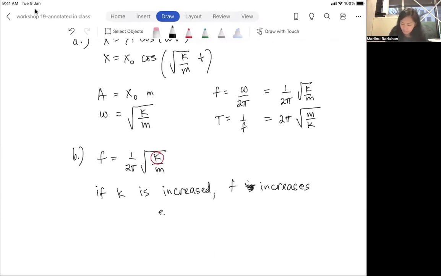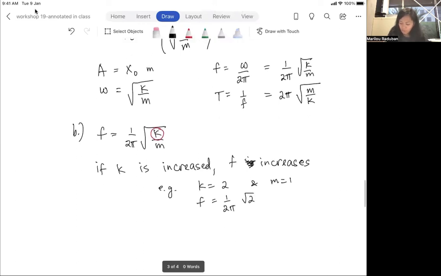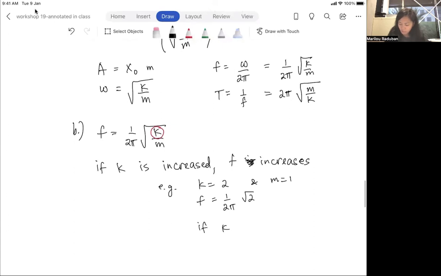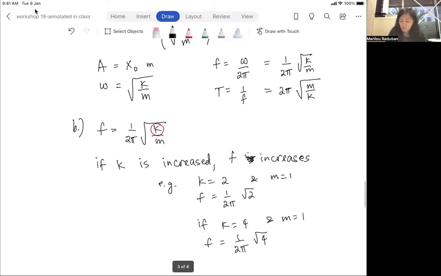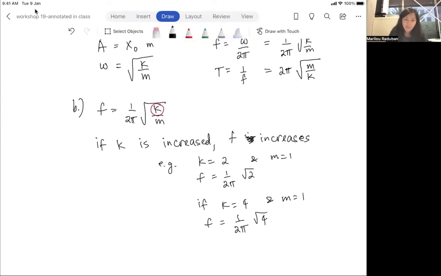Say, for example, K is equal to 2 and set M is equal to 1. You can find frequency is equal to 1 over 2 pi times square root of 2. Compare that to if K is equal to 4 and M is equal to 1 still, f is equal to 1 over 2 pi times square root of 4. If you compare the numbers, you'll see that f will be bigger when K is equal to 4.